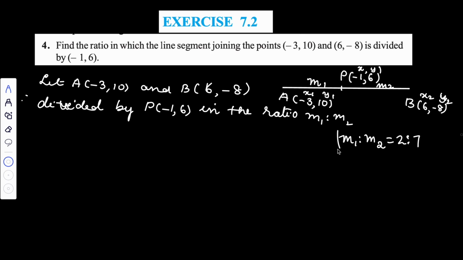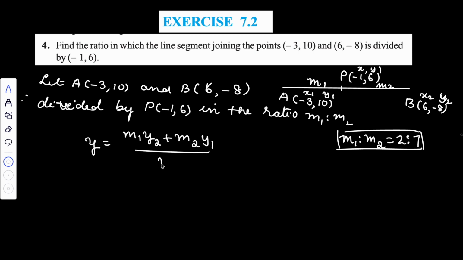Now this ratio we have to verify in the y coordinate. The y coordinate formula is y is equal to (m1 into y2 plus m2 into y1) divided by (m1 plus m2).